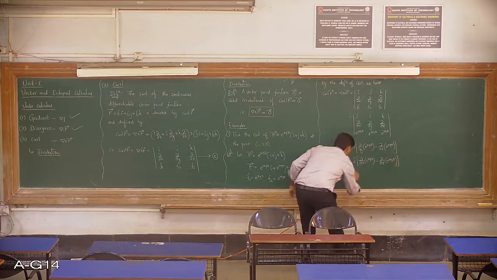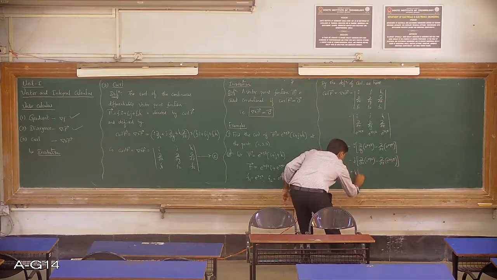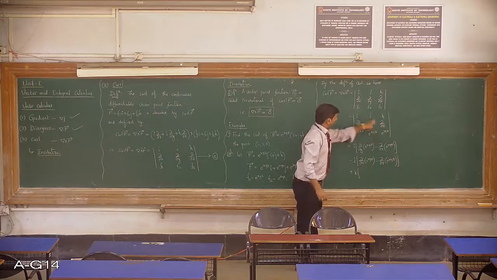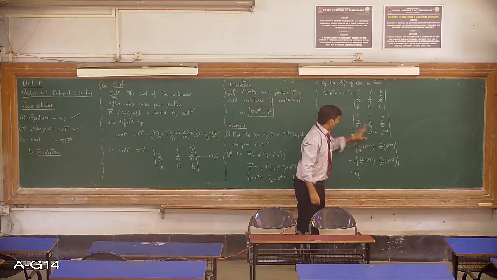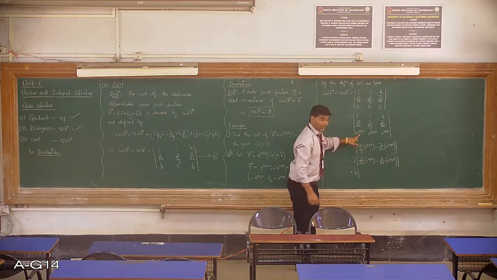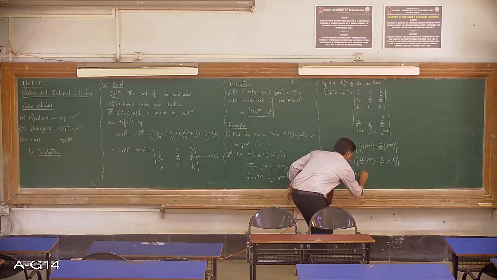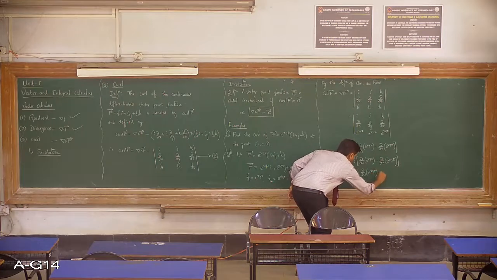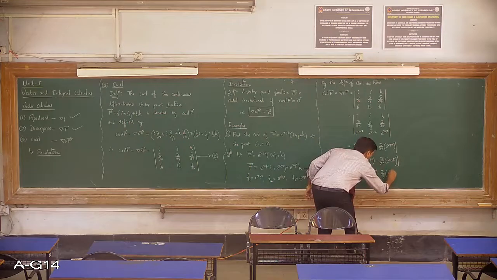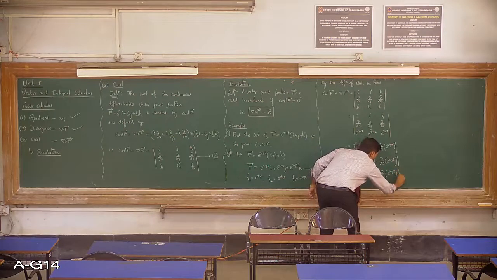Close the bracket. Finally plus k, that is the last element. That means third column and first row you have to leave, and remaining are these four elements, dou by dou x of this, dou by dou y of this. So therefore dou by dou x of e to the power xyz minus dou by dou y of e to the power xyz. Close the bracket.